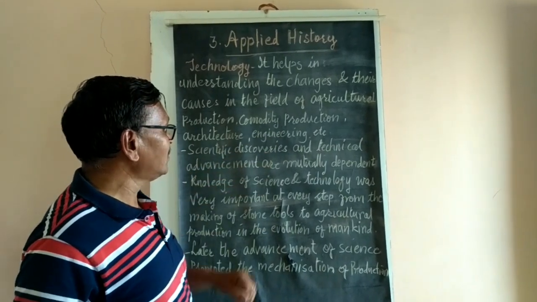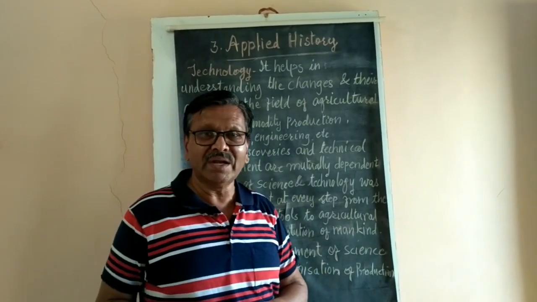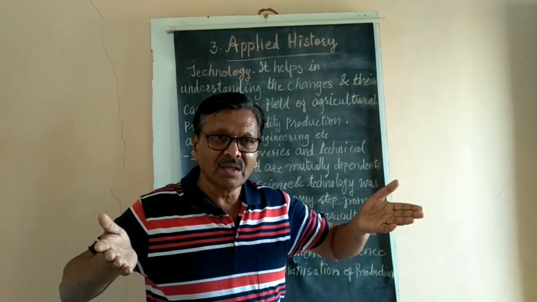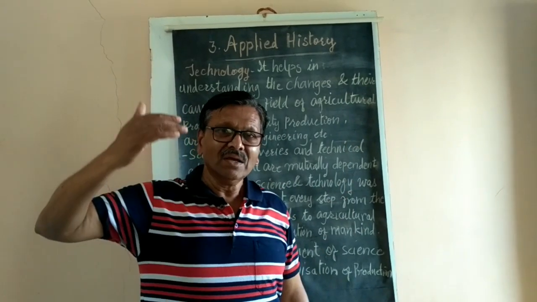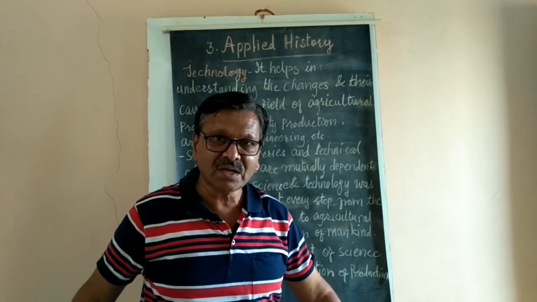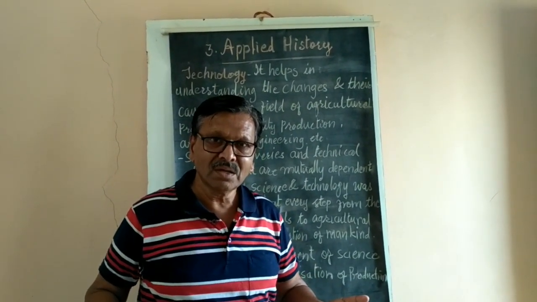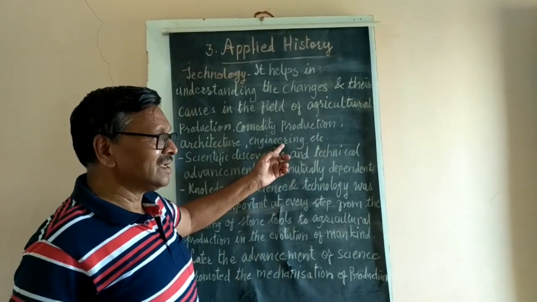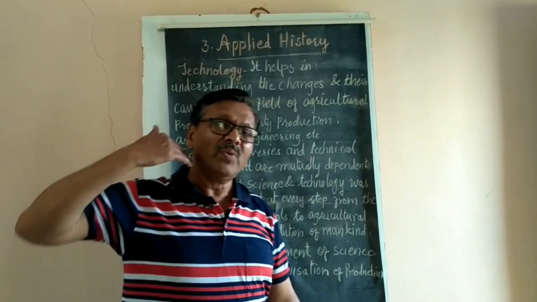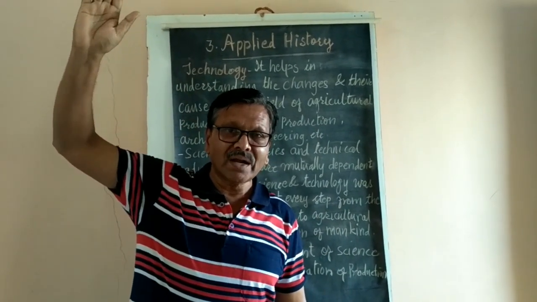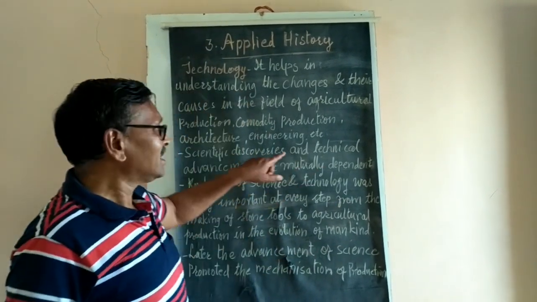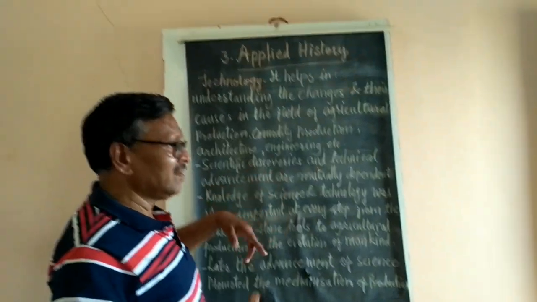In the engineering example, the buildings earlier were 1 story, 2 story, 3 story, and now we can see Burj Khalifa is, if I'm not mistaken, a 120-story building. So in the engineering field, the technology has increased so that we can build up to 120-story buildings or even more than that. So in this way, technology is helpful in doing production.